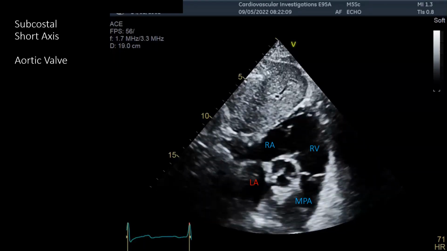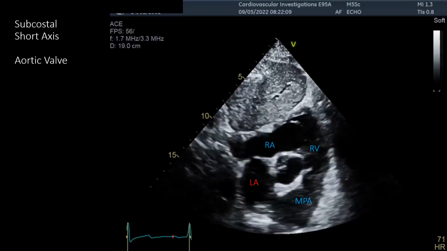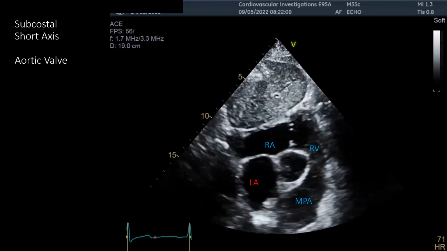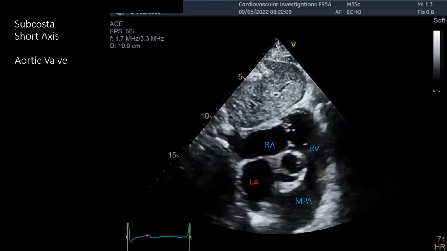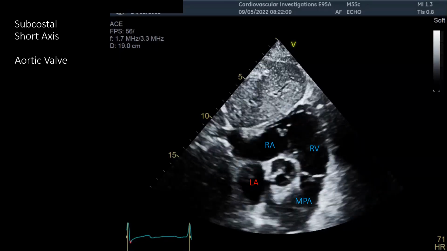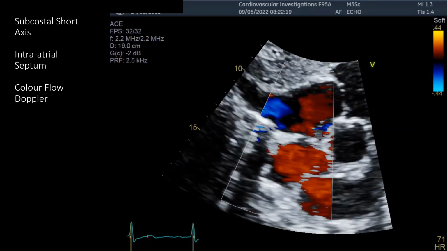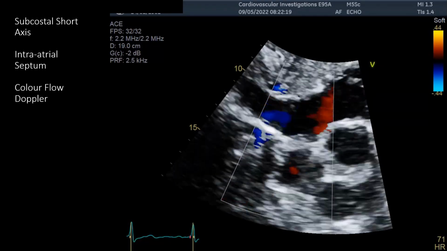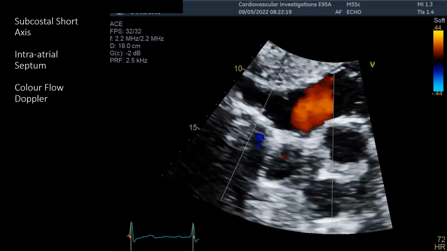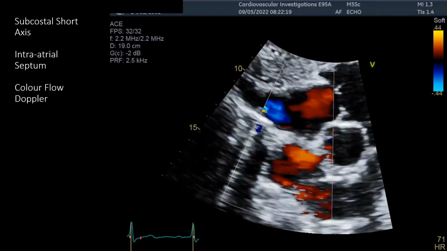The subcostal window also allows an opportunity for some short axis imaging of the heart, and in this case, the short axis images at the level of the aortic valve. This can be particularly useful in patients where subcostal views are difficult to obtain. In this view, a different orientation, but still looking at the intraatrial septum for intraatrial septal defect.